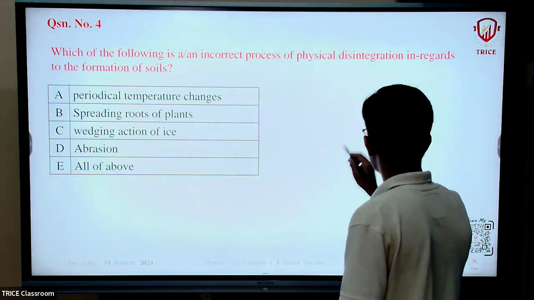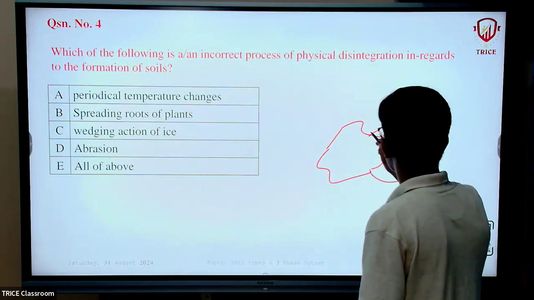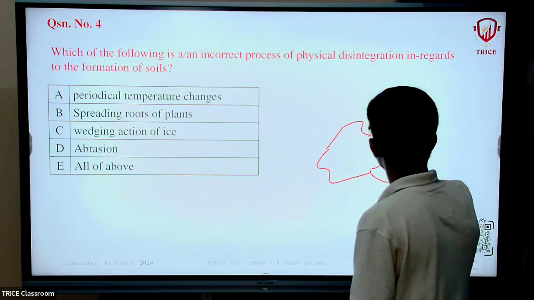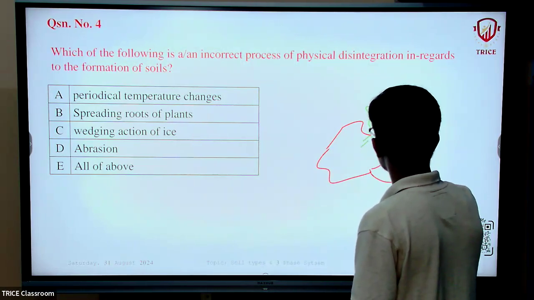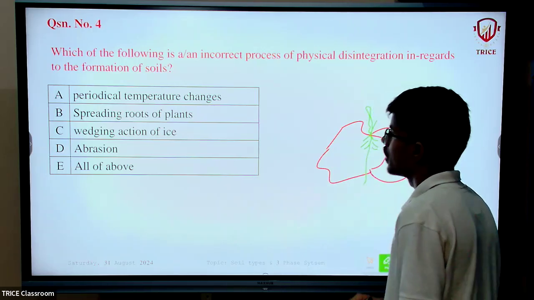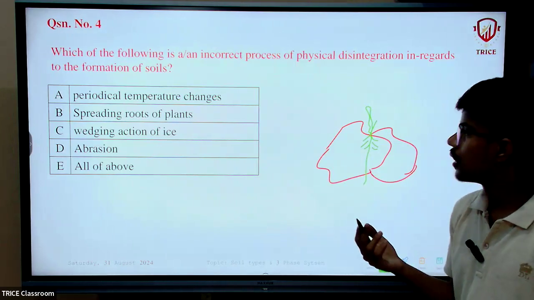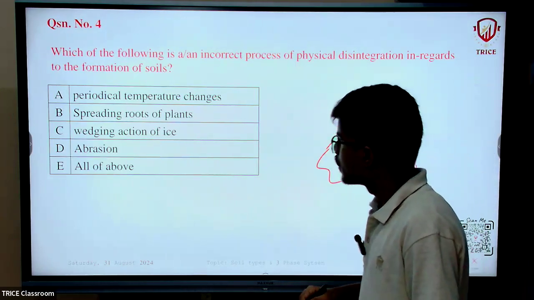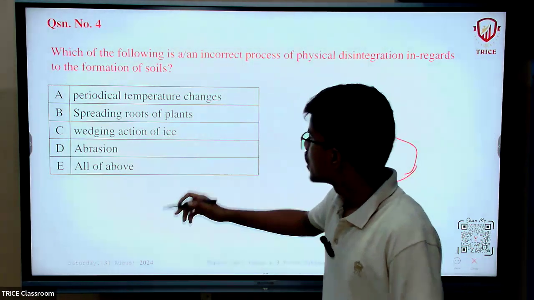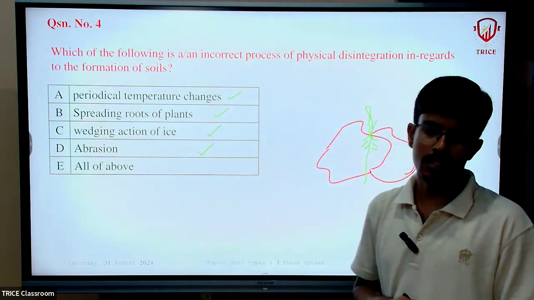Probably in mountainous regions or hilly areas, in between the rocks, if you have a tree, due to the spreading of water and roots over a period of time, the rock gets disintegrated. This is all the action of physical formation, mechanical weathering of rocks. The next one, the wedging action, then the abrasion, then all of the above. All these options come under the mechanical weathering of rocks.